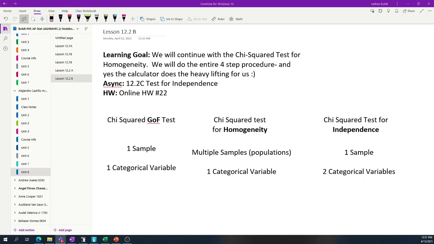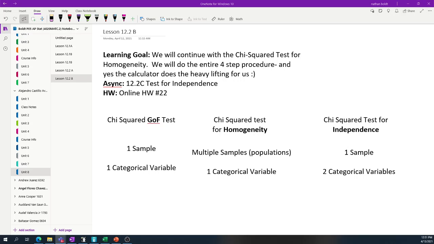Thankfully, the math is pretty much the same for most of these. The GOF is a little bit different, but the math is pretty much the same for all of them, which is nice. We just have to still keep the 3 scenarios in our head and know which one is which, mostly for the plan stage, when you say which procedure you are doing.